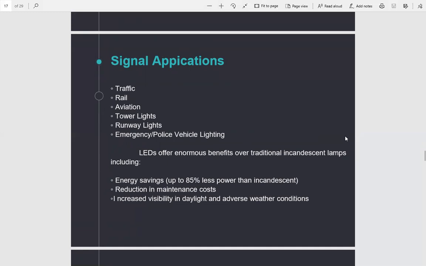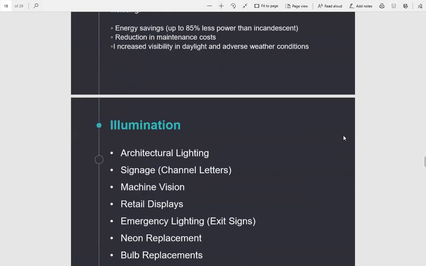LEDs offer enormous benefits over traditional incandescent lamps, including energy savings of up to 85% less power than incandescent, reduction in maintenance cost, increased visibility in daylight and adverse weather conditions.